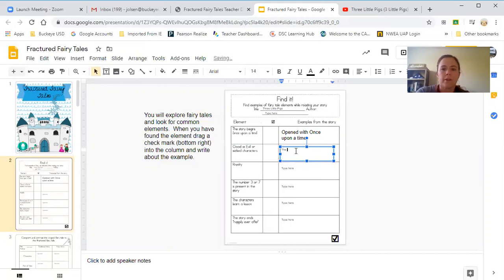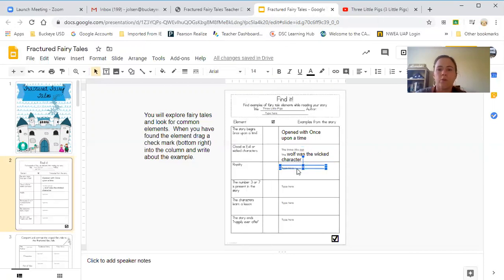So we know there were the 3 little pigs. The good characters. The wolf was the wicked character. Didn't see any royalty in there.